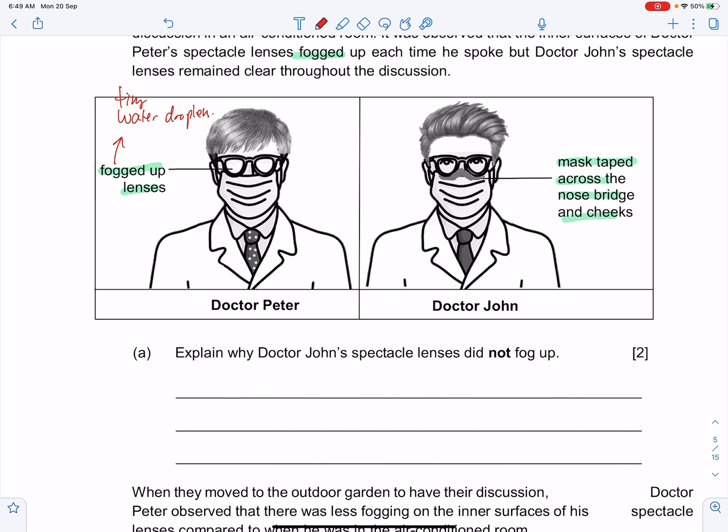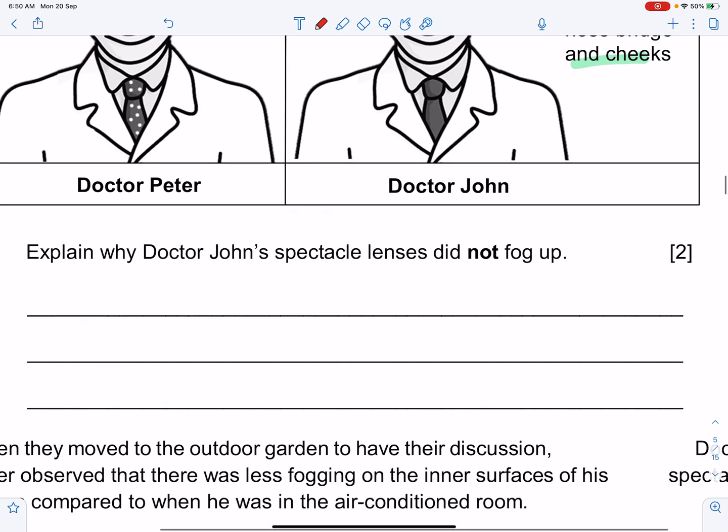So first things first, you have to say that, okay, his mask was taped across his nose bridge and cheeks.